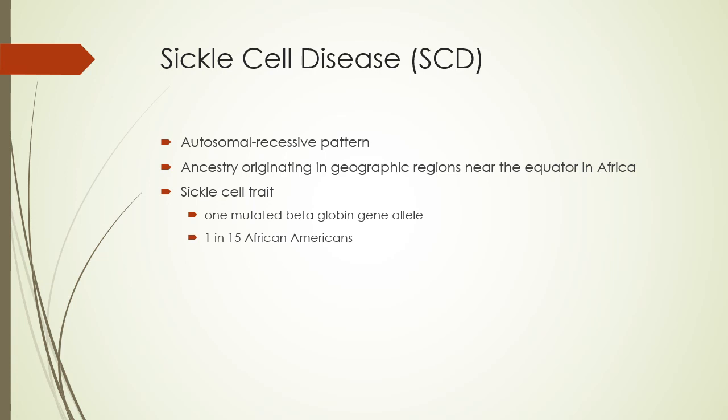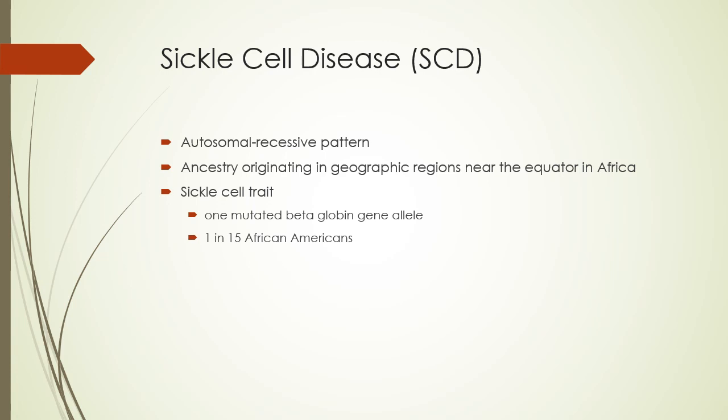Among African Americans in the United States, sickle cell disease occurs in approximately 1 in 400 to 500 live births. So approximately 90 to 100,000 people living in North America have this disease.